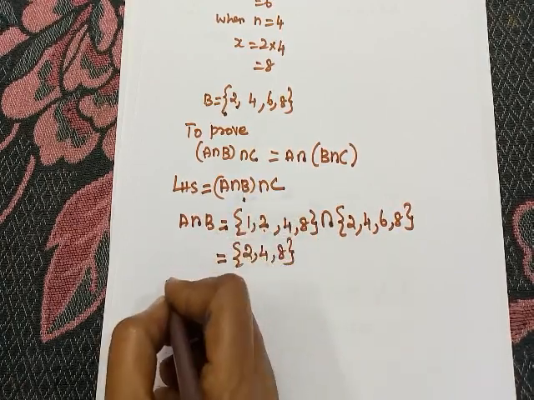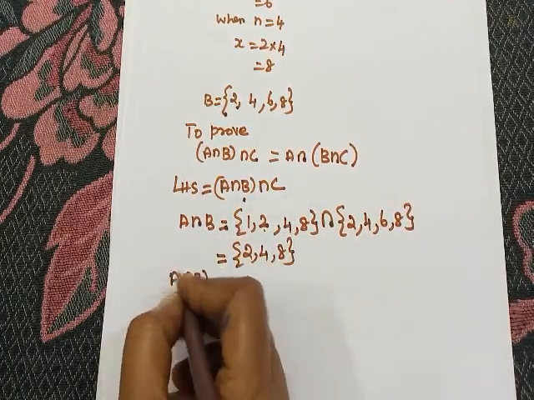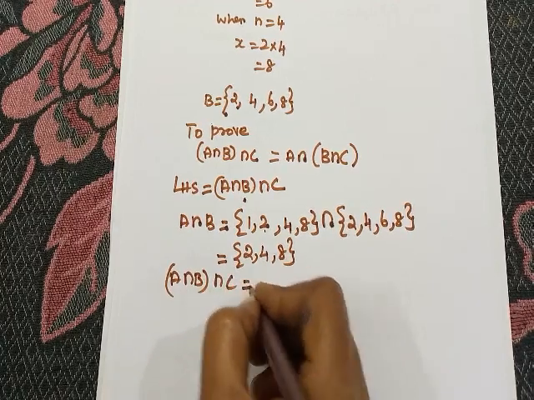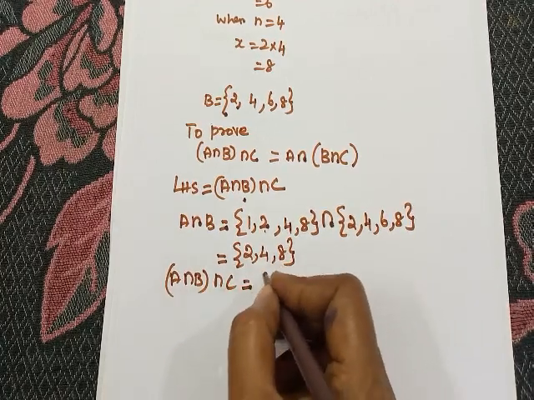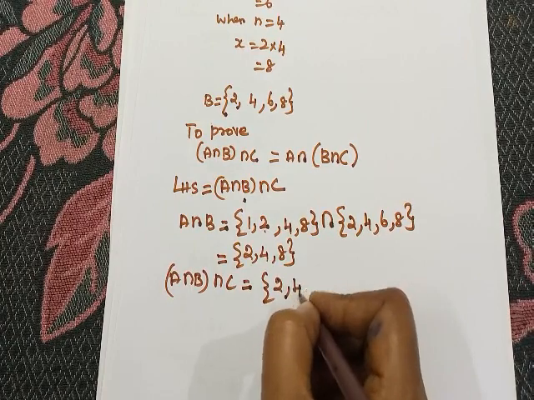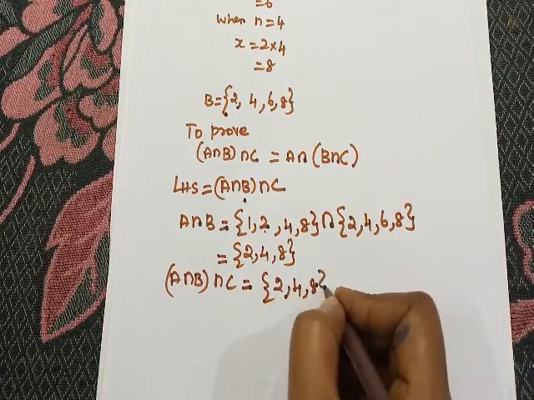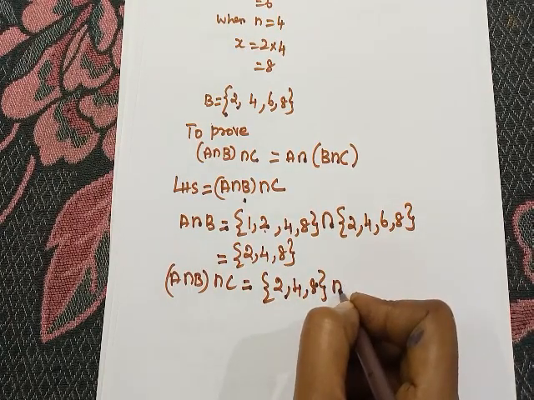Now LHS together, A intersection B intersection C, is 2, 4, 8 intersection C value.